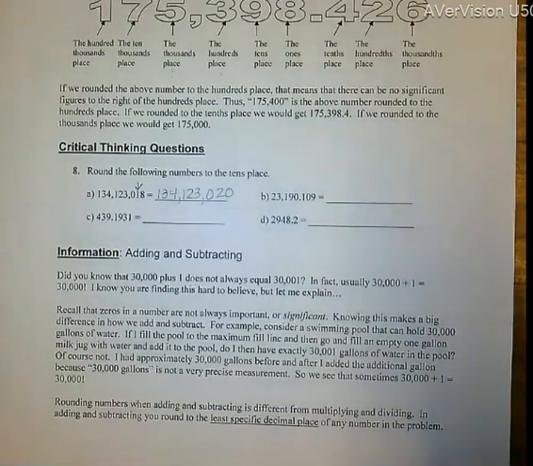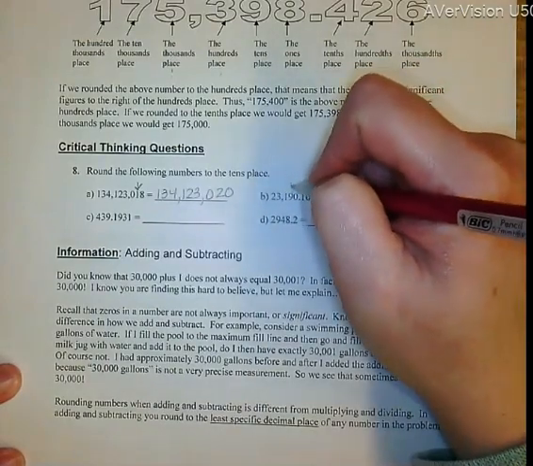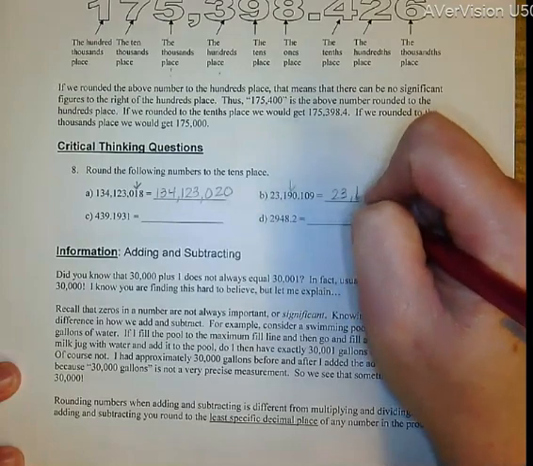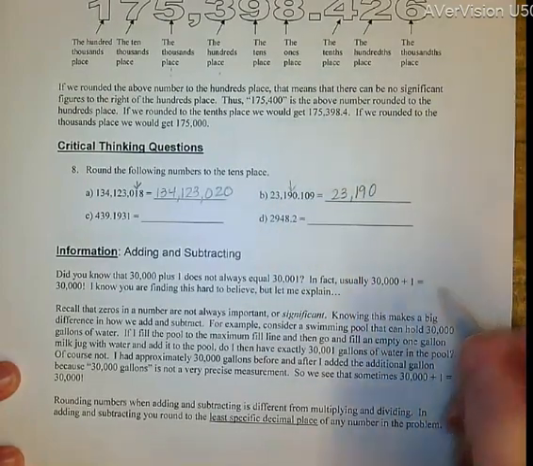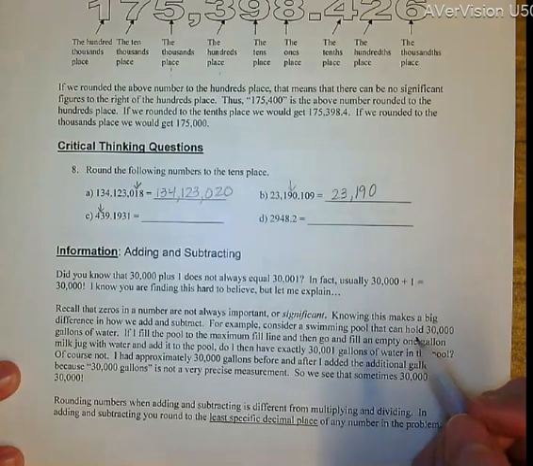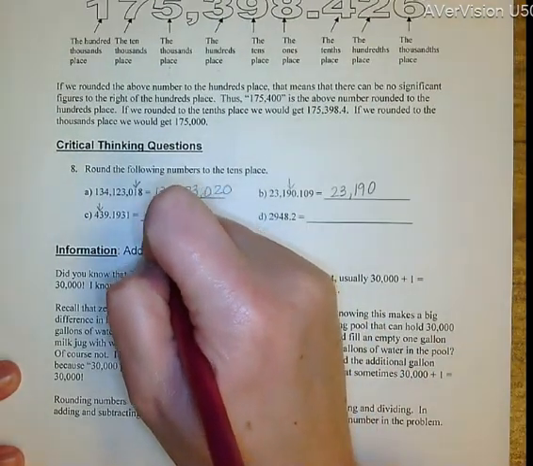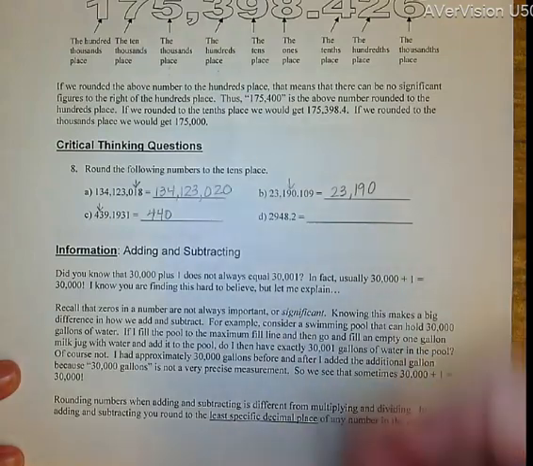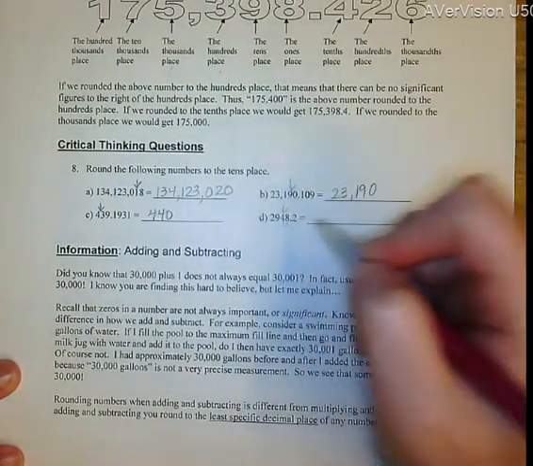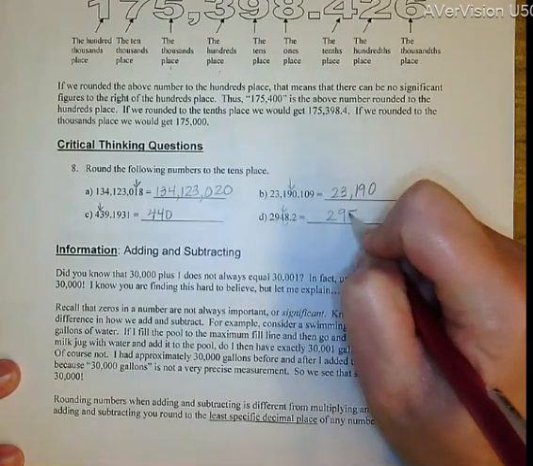Letter B. The tens place is right here. So we're going to round to that, so it's just going to be 23,190. We're going to round to the tens place, which is right there, the 3. So that's going to be 440. And the tens place is this 4. So that 8's going to make it go up, so it's going to be 2,950.